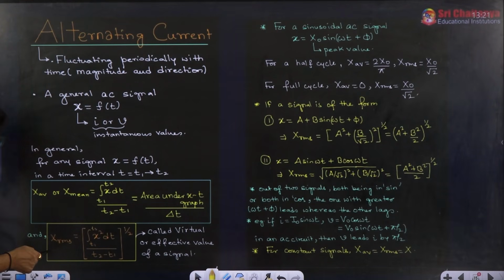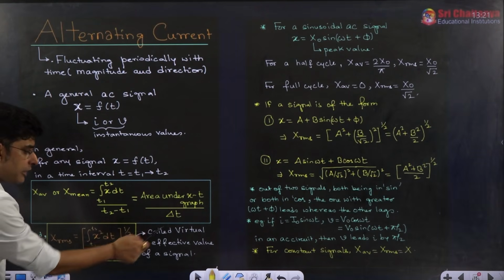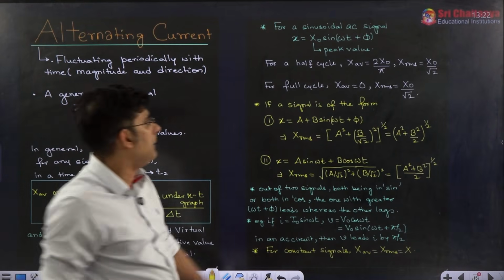If they ask you the RMS value, then instead of integrating x, you integrate x square with respect to time in the given interval T1 to T2, divide it by T2 minus T1 and then take the root. This is called the virtual value or effective value of a signal. Why it is called so, we will understand later.